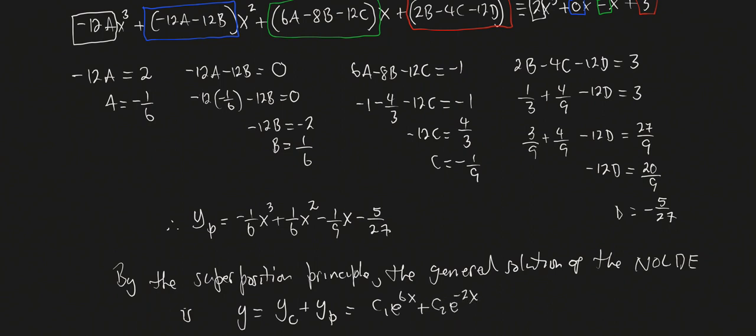But again, I'm using it to emphasize that the second part of the process depends heavily on what's on the right-hand side, not what's on the left-hand side. Well, the left-hand side, the operator, of course, plays a role because it still has to operate on the input to produce the output that we want. But it's really that function on the right that starts the process with our educated guess.